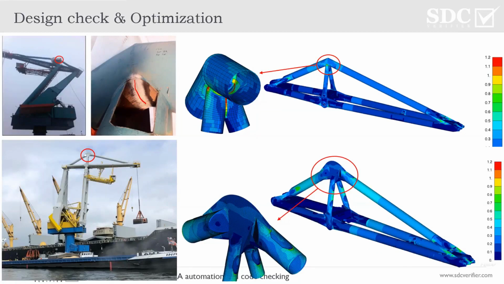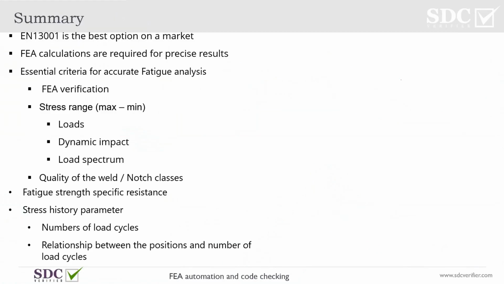So summarizing all the things, EN 13001 is the best option on the market, and it provides a very specific approach with the limit state method. In addition to this, FEA calculations are required for precise results, or we should execute them based on a detailed modeling approach.